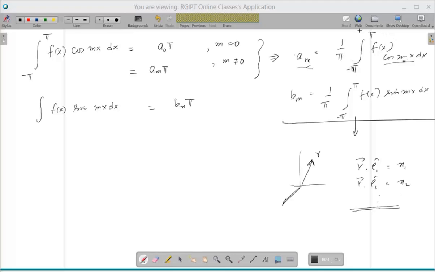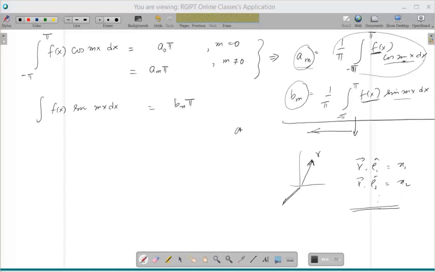Okay, 1 by pi. This is nothing but taking f(x) and dotting it with the mth basis function. So f(x) into cos mx dx, 1 by pi, minus pi to pi, is nothing but taking a dot product of f with the cosine mx basis function. And similarly here, I'm taking the dot product of f(x) with the sine mx basis function, and I'm recovering the corresponding coordinate. Right? So it's just like taking dot products.